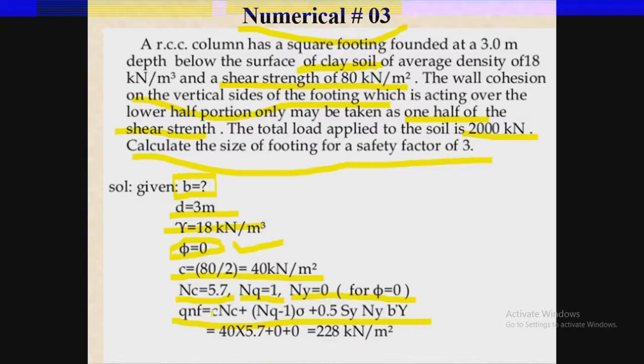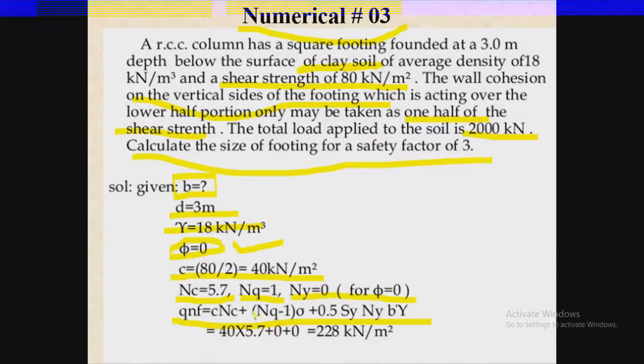So the value of C is 40, Nc is 5.7, and Nq minus 1, Nq is 1, so 1 minus 1 is 0.